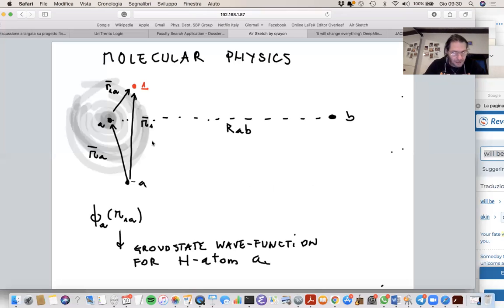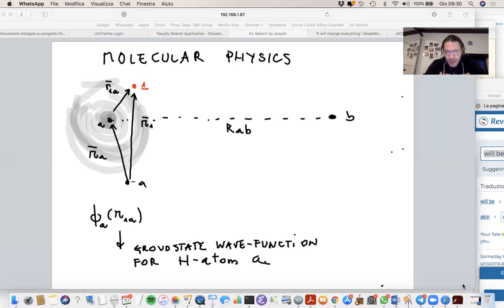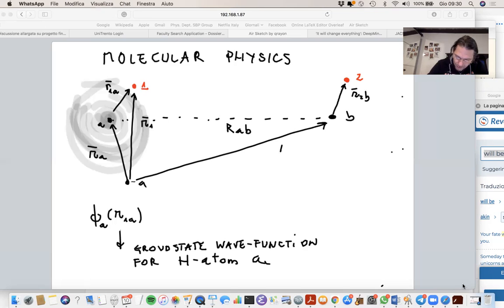And let there be a second electron bound to this atom. Let's call it 2. And let's call this R2B. And in principle, I should draw RB, in some reference frame O, which is, of course, completely arbitrary.